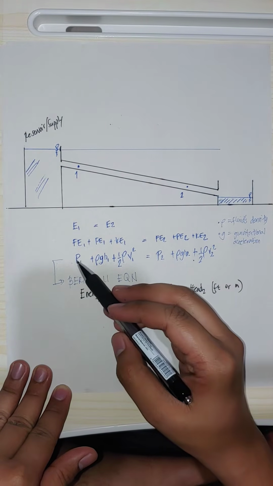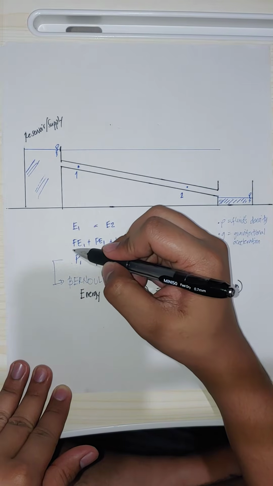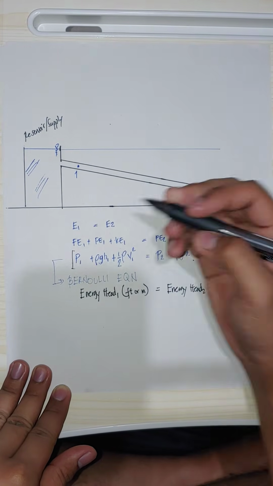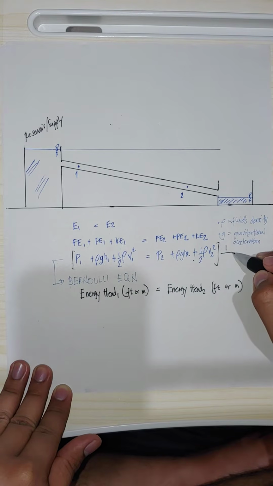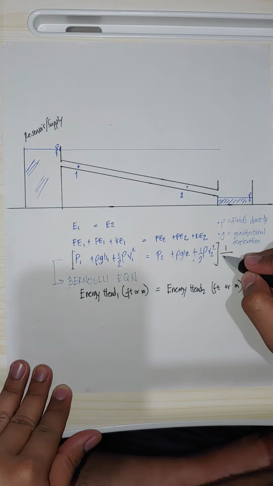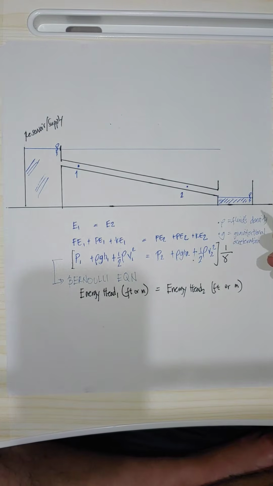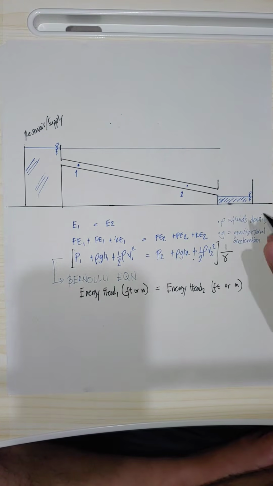For the pressure, we divide the whole equation by 1 over the unit weight of the fluid.